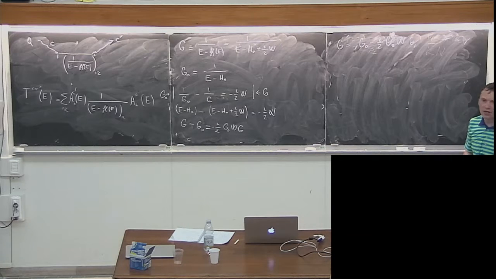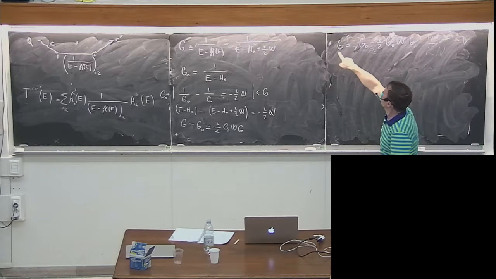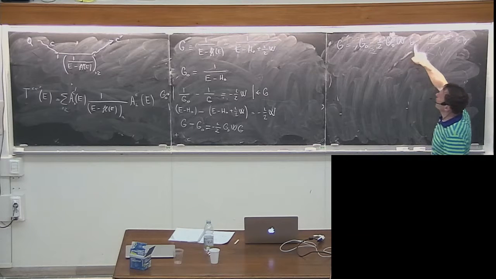In fact, it's also related to the Born series that we have discussed, except it's in the energy representation. So here I find my full answer, but I need my full answer on this side.